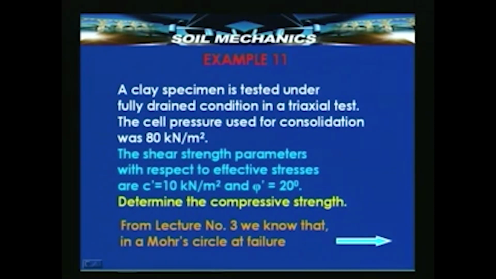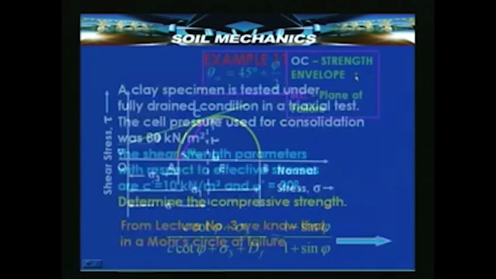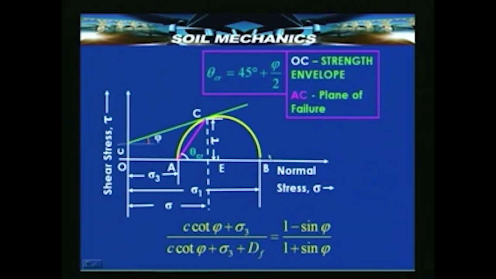From lecture number 3, we know that there is a certain relationship that holds good in a Mohr circle at failure. Let us see what that relationship is in the next slide. This is the Mohr circle, and from geometry we can easily derive this relationship here, which holds good for a Mohr circle at failure. C cot phi, that is what you will get here on the x axis when you produce this envelope and make it cut the x axis here. This is C, the angle which will be made here will be phi, and therefore the distance here will be C cot phi.